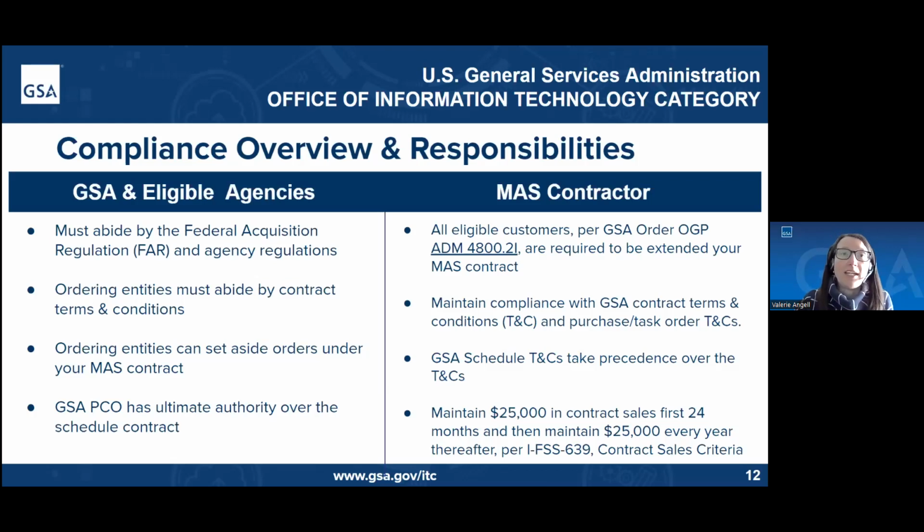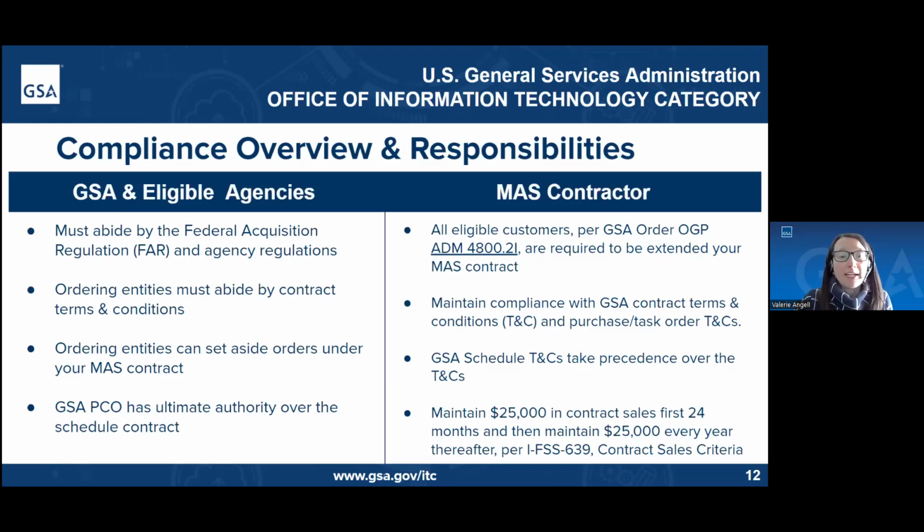And so you'll see that GSA and federal agencies must abide by the FAR, the Federal Acquisition Regulation, and agency regulations. Ordering entities must abide by contract terms and conditions. Ordering entities can set aside orders under your MAS contract. And again, the GSA PCO has ultimate authority over the MAS contract.